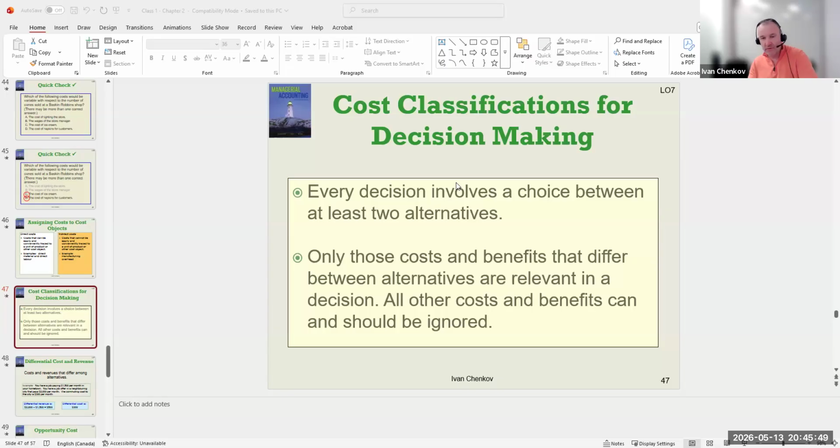Again, only the costs and benefits which are different between one alternative and the other have to be taken into consideration and are relevant for you to make a decision. Everything which stays the same, as cost and benefits, should be ignored.